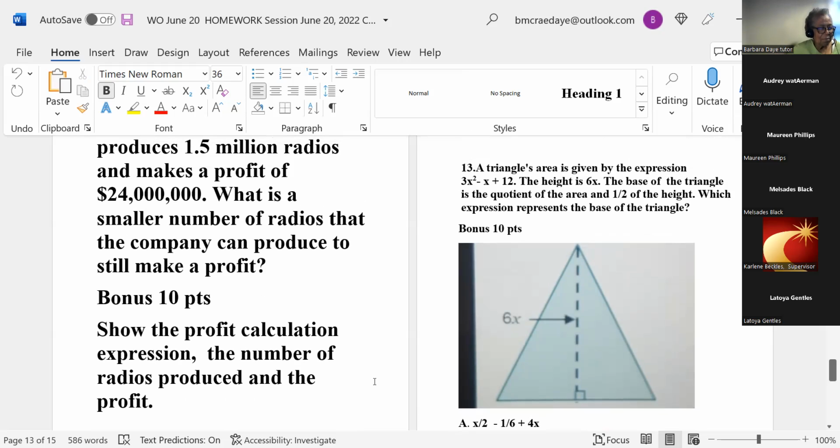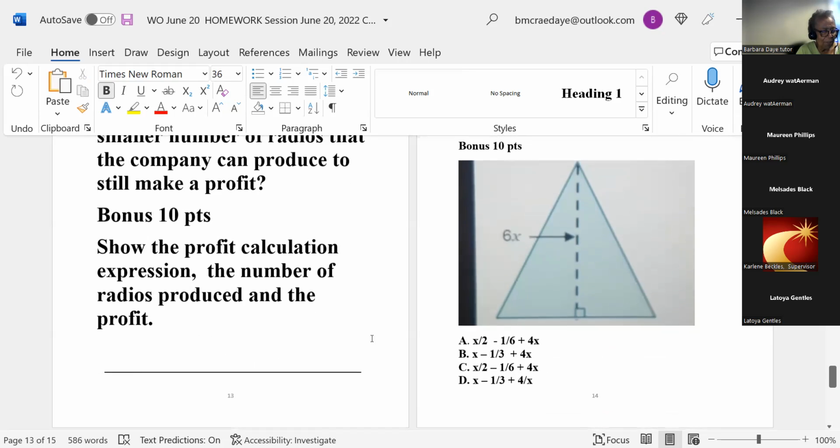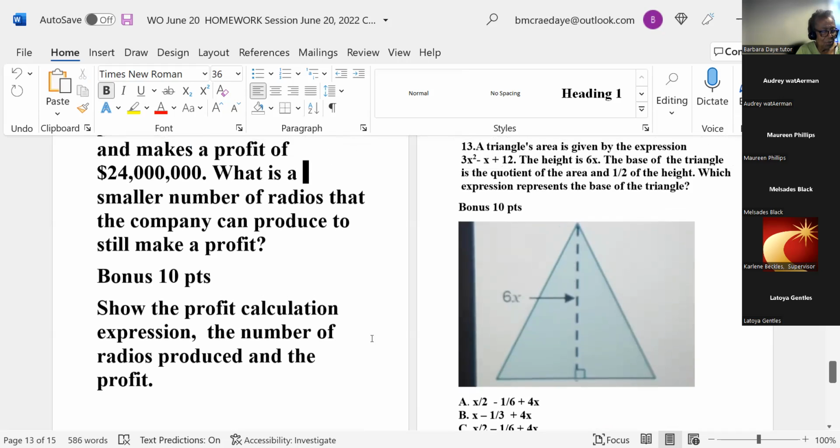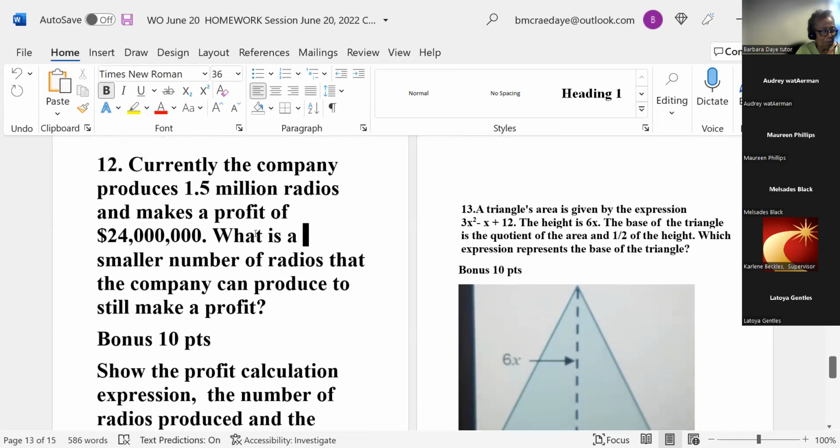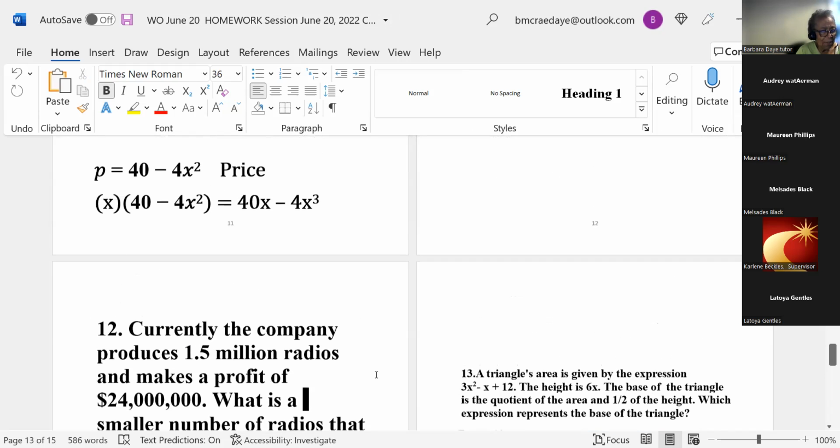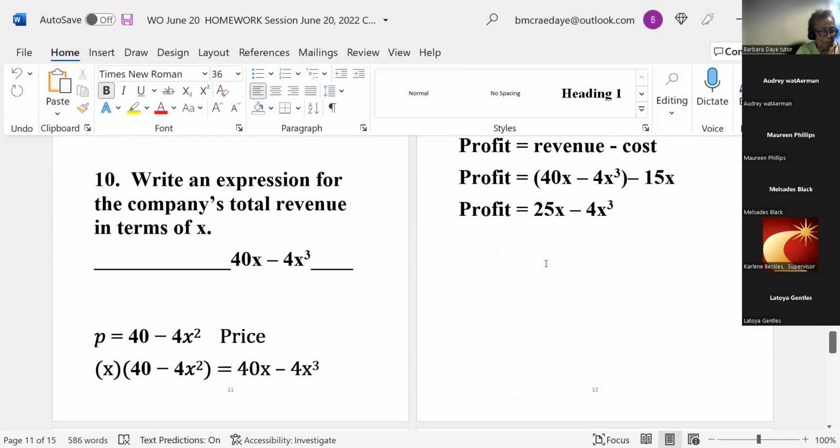Express the number of radios and the profit. So what is a smaller number of radios that the company can produce to still make a profit? Now, the obvious thing you would want to do is take a million radios and see how much profit you would make. You go back to your profit formula. Here's your profit formula.